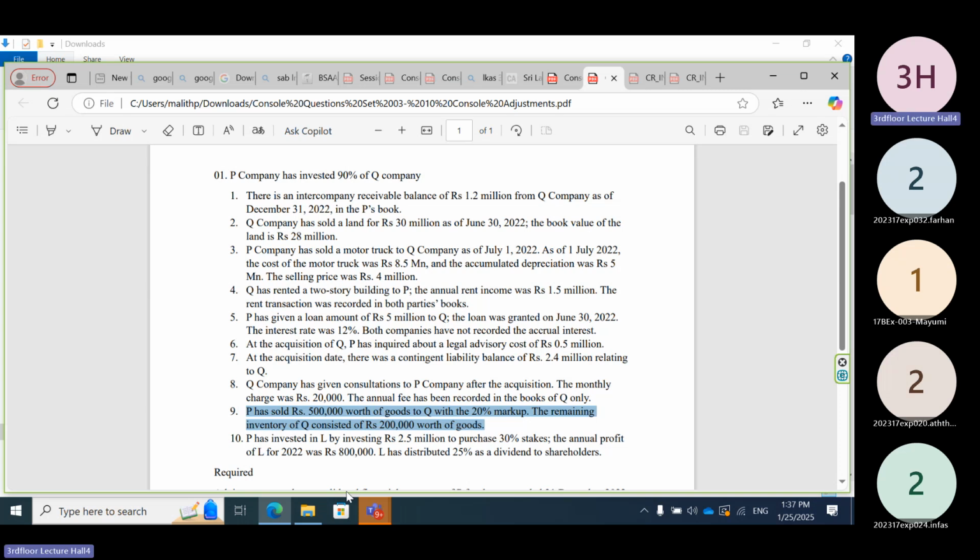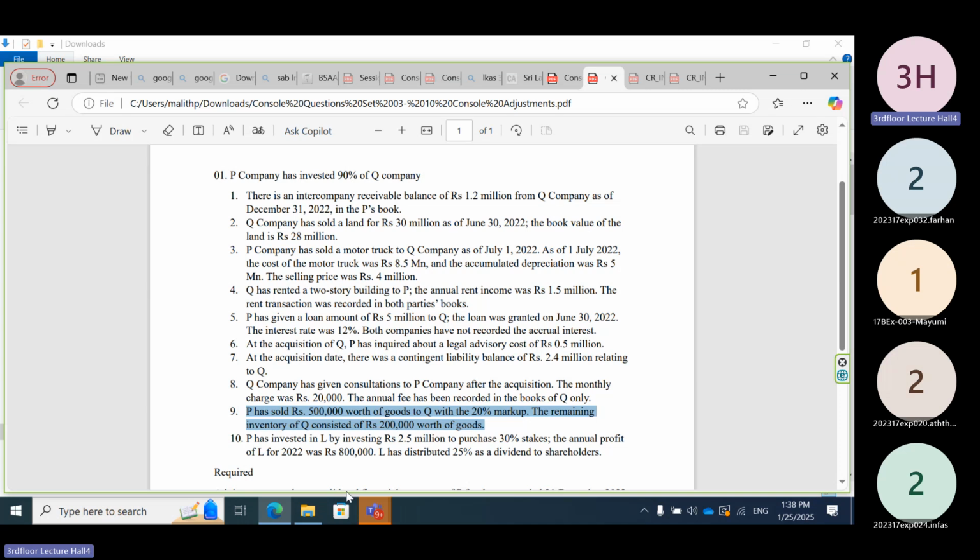Now according to the question, parent has sold some items, but the subsidiary is still keeping that as inventory in their books, right? So then it means 200,000. They are keeping that as inventory.